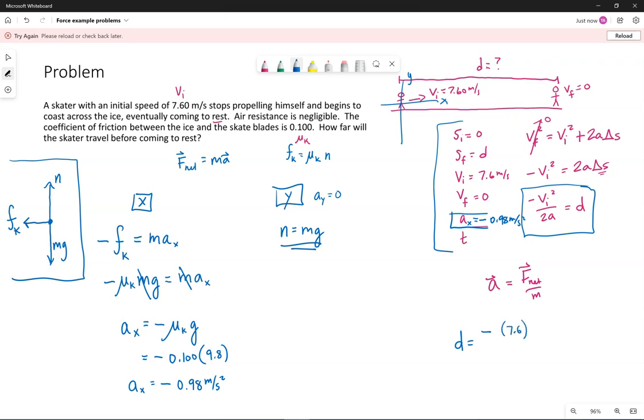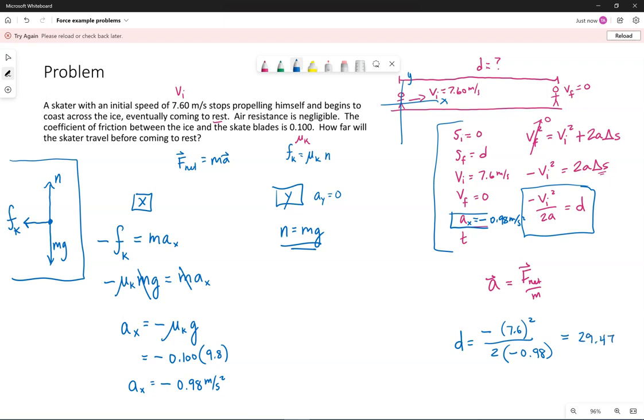We knew the initial speed, 7.6. That needs to be squared. Divide by 2a. The negative signs are going to cancel. And I'm getting 29.47.